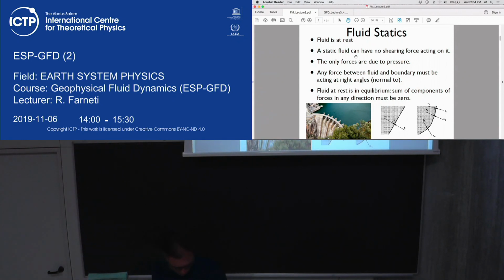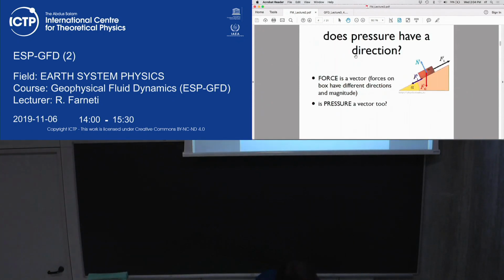We made a simple example of a point, and we found that pressure is a scalar, not a vector, so it's isotropic no matter where.